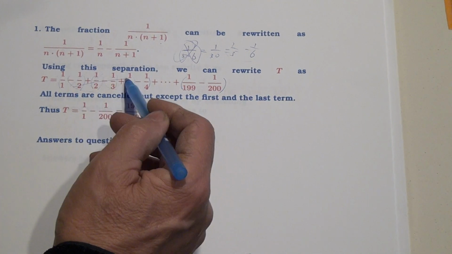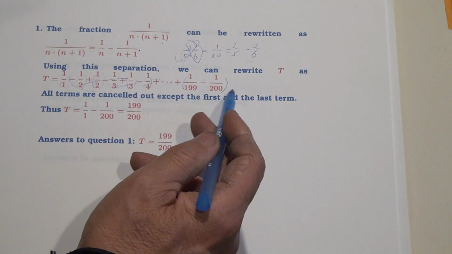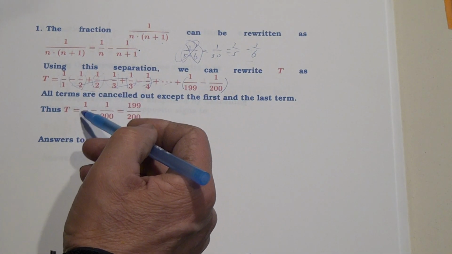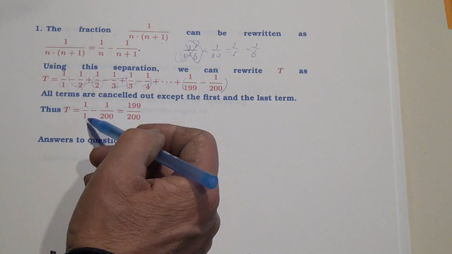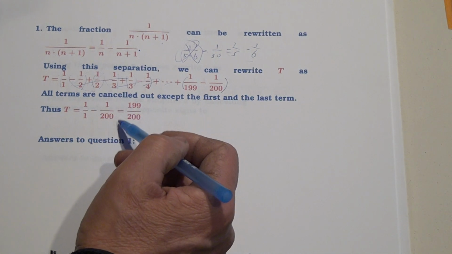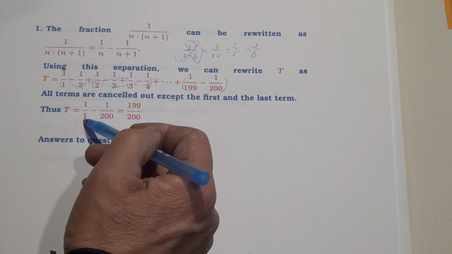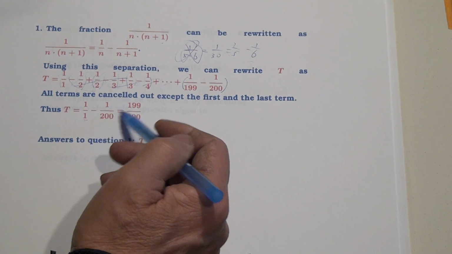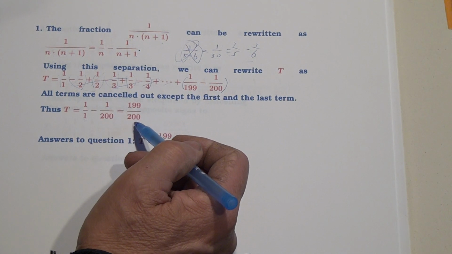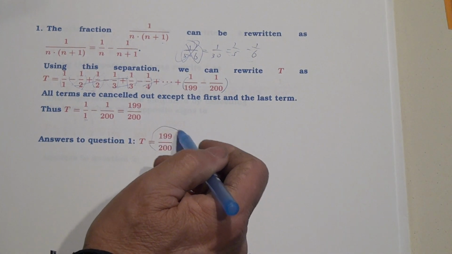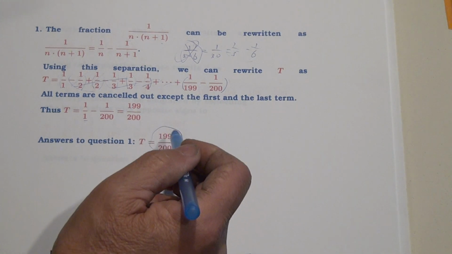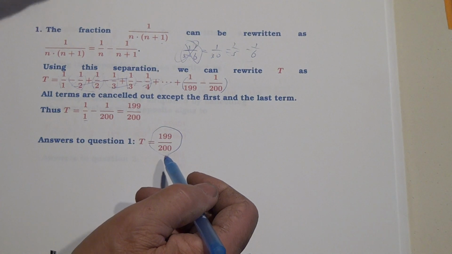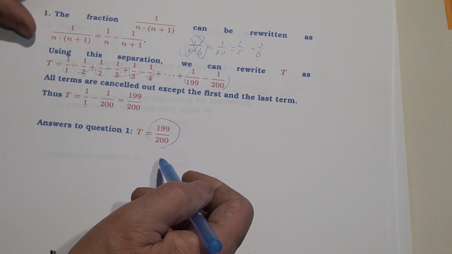So you cancel all of them. Eventually you have 1 over 1 minus 1 over 200. So t will be simplified as 1 over 1 minus 1 over 200, which with the common denominator is 200 over 200 minus 1 over 200. If you simplify, you will get 199 over 200. So this is the answer: t equals 199 over 200.